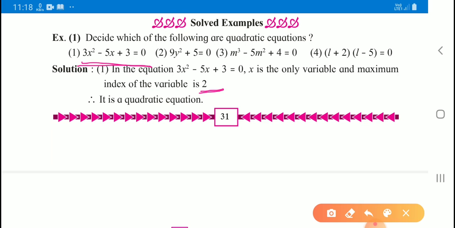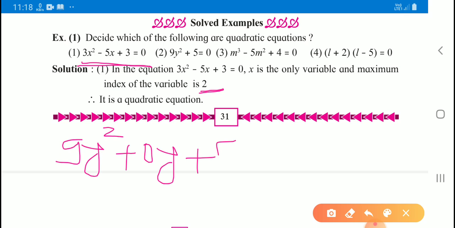Now the second equation, 9y square, we will bring it into the general form: 9y square plus 0y plus 5 is equal to 0. You can see the variable is y only, and the maximum power of the variable y is 2. So it is also a quadratic equation.